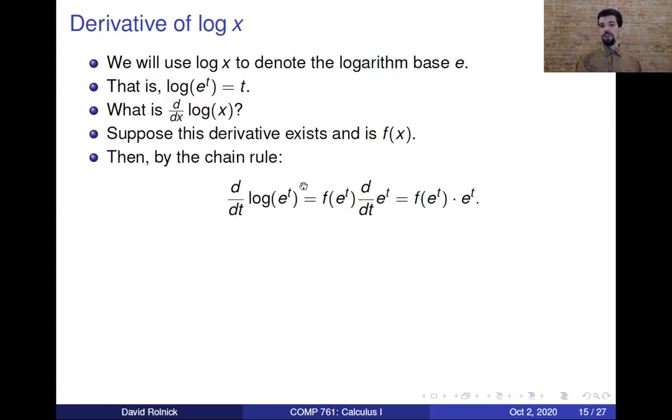But we can apply the chain rule to it to work out that this is going to be f evaluated at e to the t times the derivative of e to the t, which we know is just e to the t. This is just the chain rule applied to log of e to the t, where again, f of x is our mysterious derivative of log. So we don't know what the derivative is. We assume it exists.